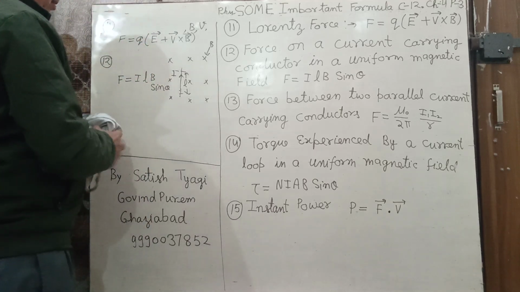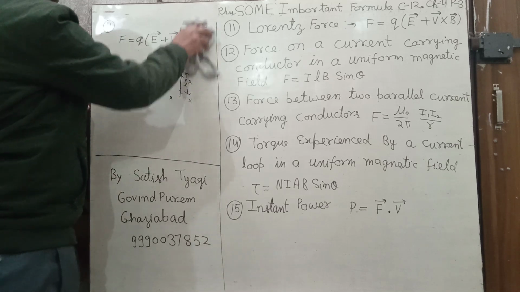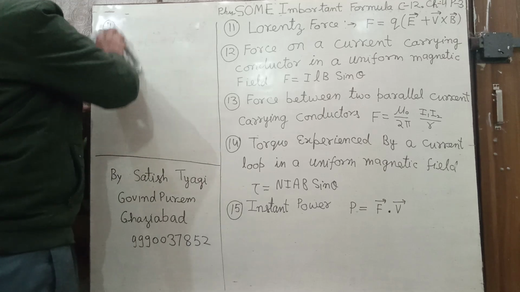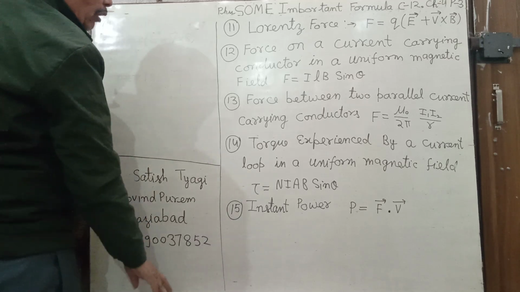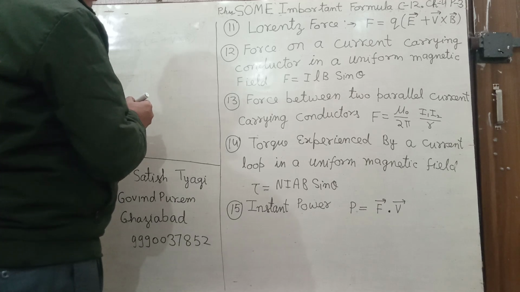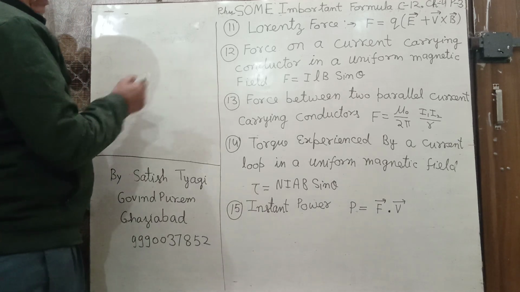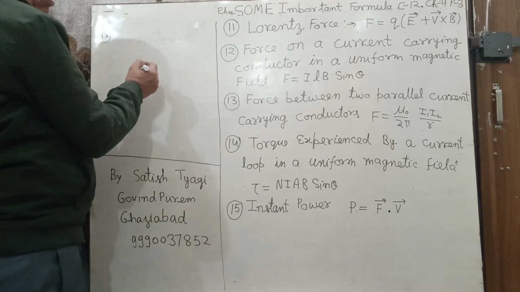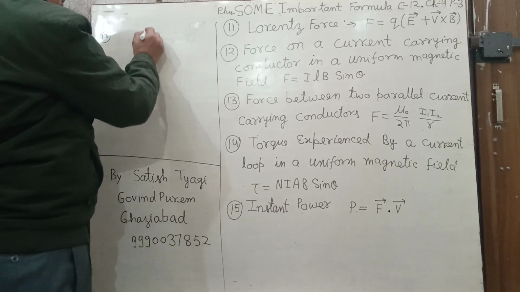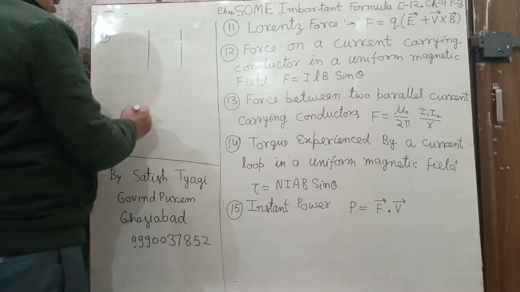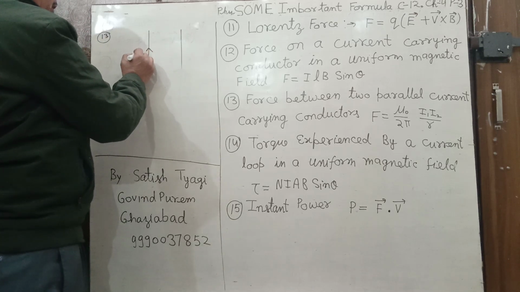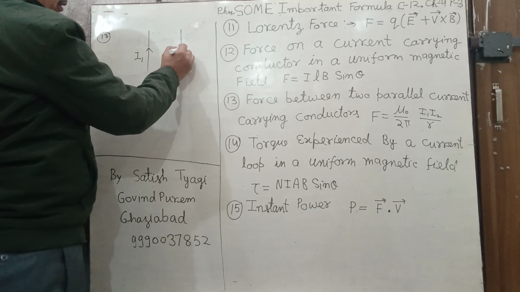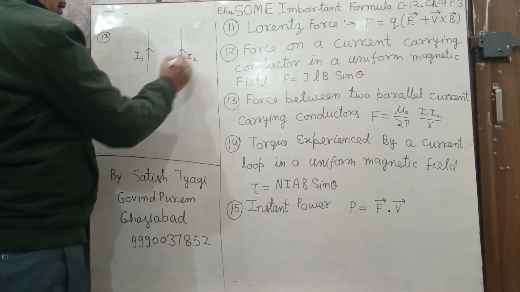Formula number 13 is the force between two parallel current carrying conductors. Suppose two wires are parallel to each other. Suppose current I1 is in this direction and current I2 is in this direction.